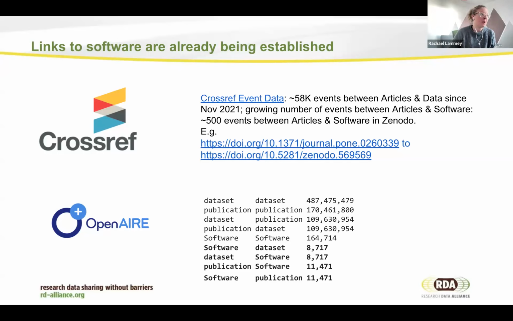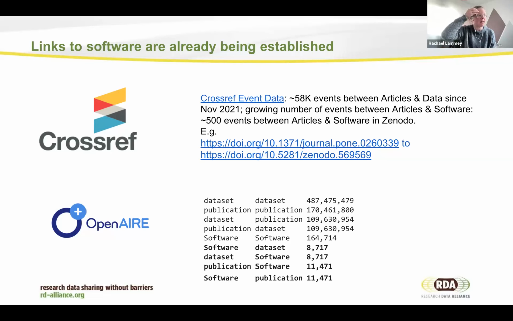And when we had a look in our Event Data service towards the end of November, we could see that there were growing amounts of events between articles and software in different repositories, even back about 18 months ago, and these have been growing since then.